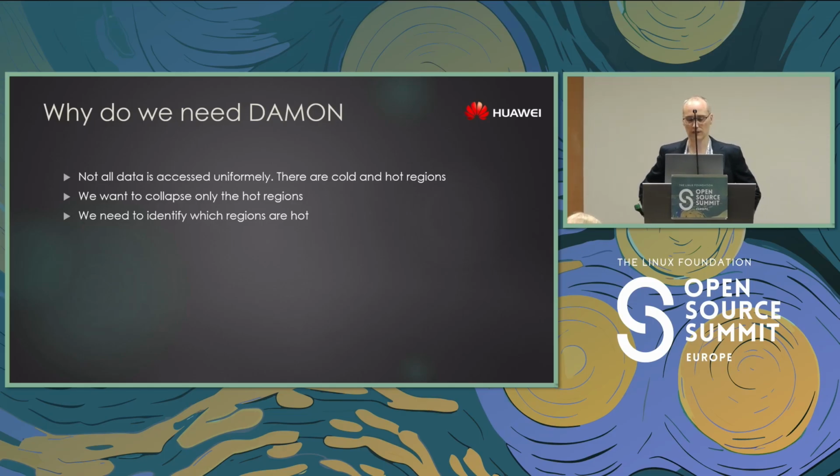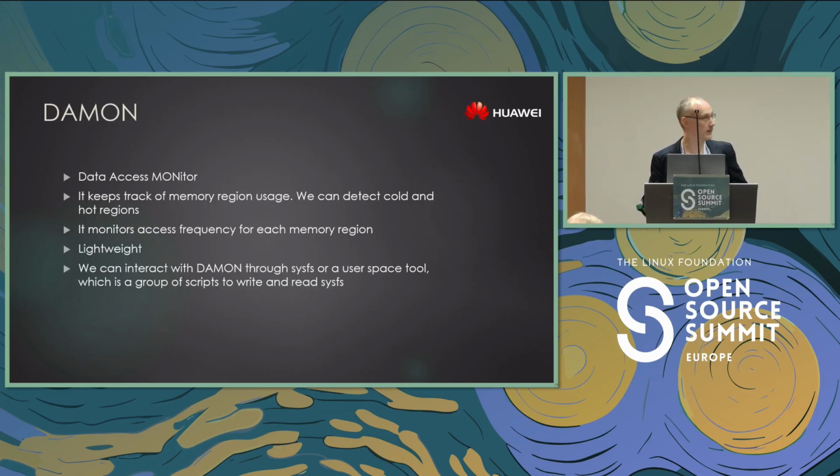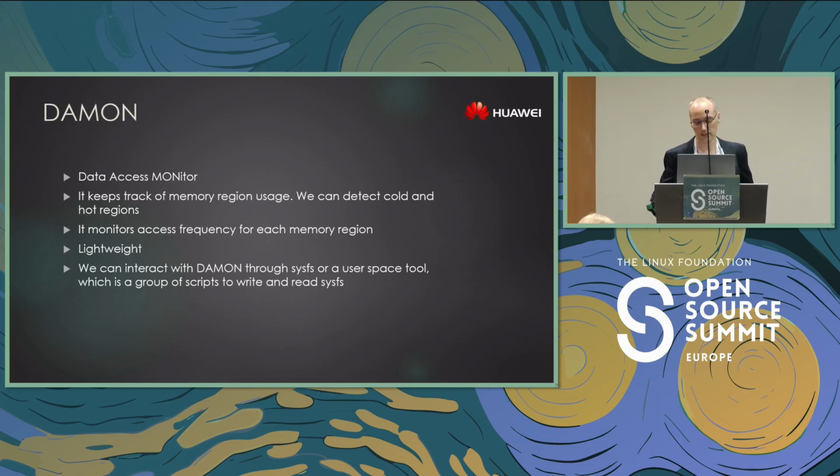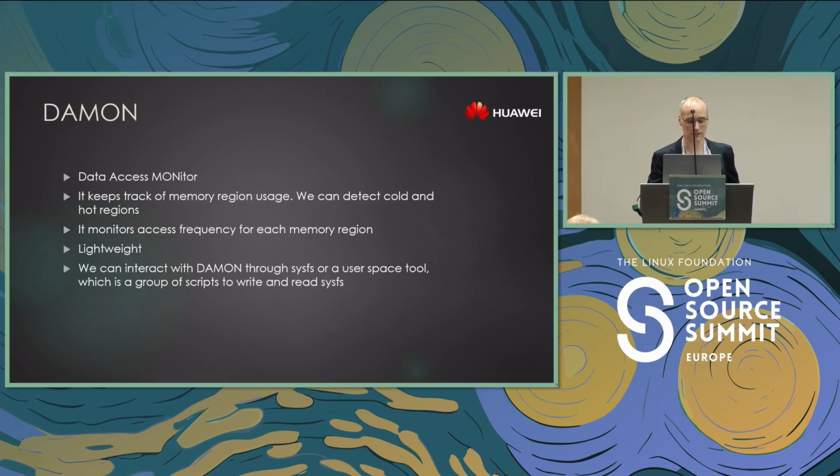So we looked into something called DAMON, which stands for Data Access Monitor. It was added into the Linux kernel a few years ago, I think. It's very simple. It divides the memory into different regions, keeps track of those regions, and can detect hot and cold regions.